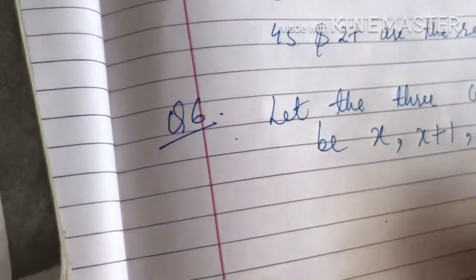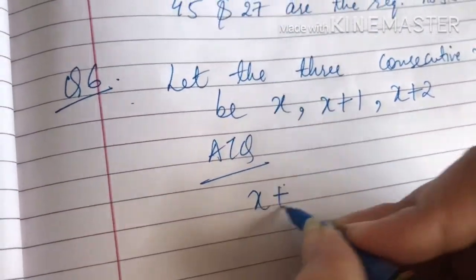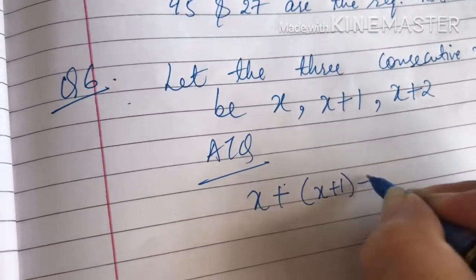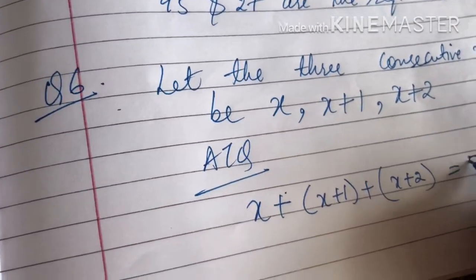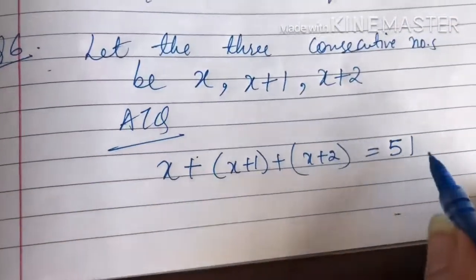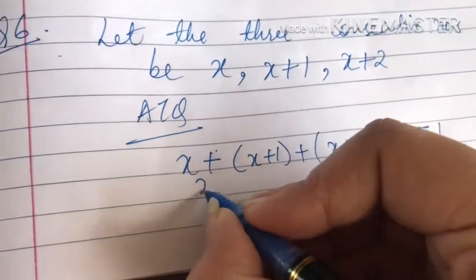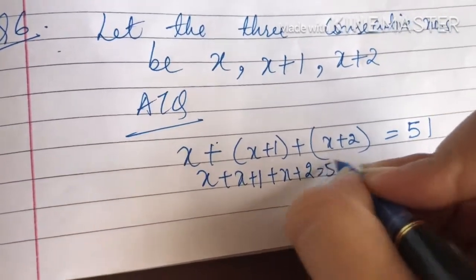Now their sum, you have to add them. So according to the question, you have to add all these, x, x plus 1, then x plus 2. When you add all these, they will add up to 51. So now we will solve it. x plus x plus 1 plus x plus 2 is equal to 51.